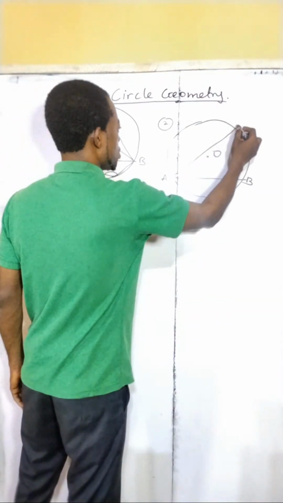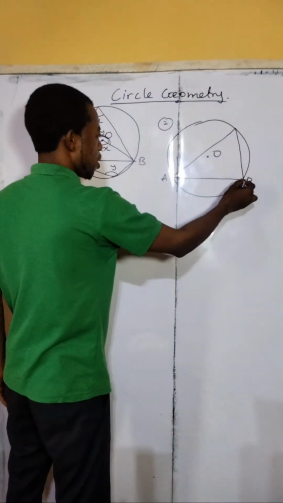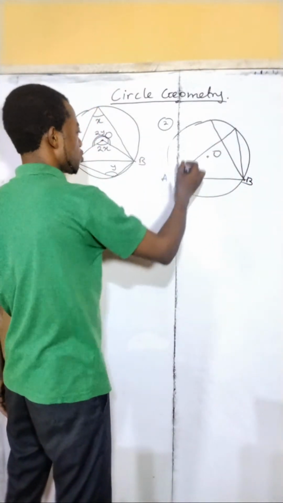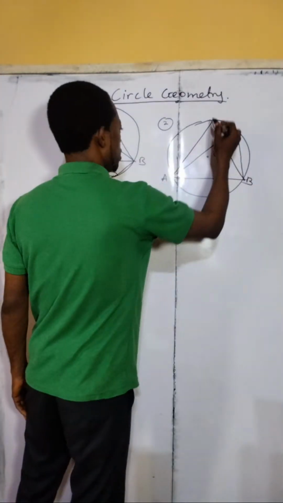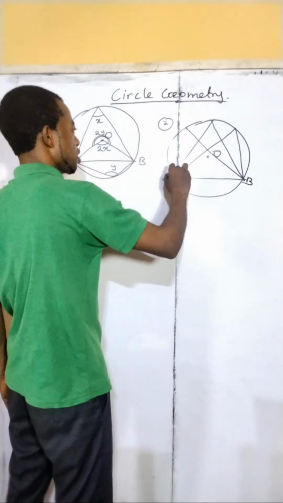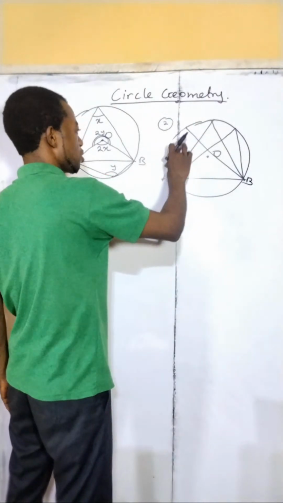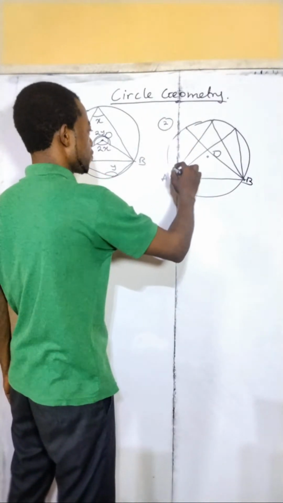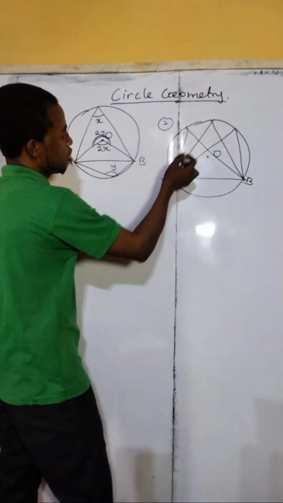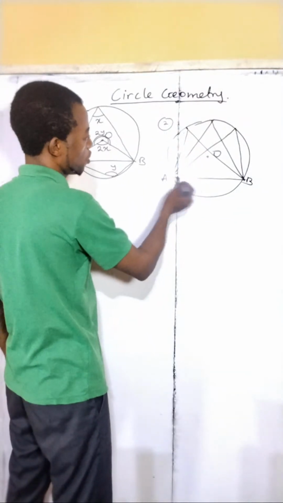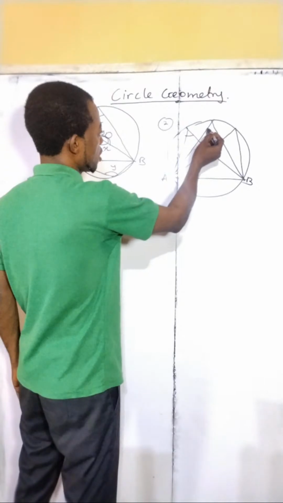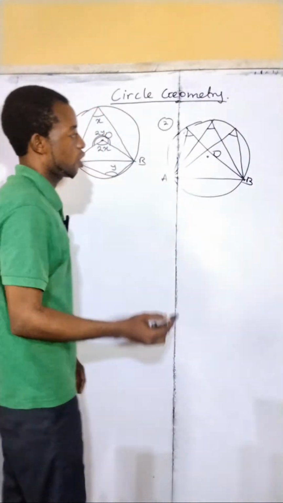Which means that if this angle is subtended by this chord, another angle subtended by this chord, then another angle here subtended by this chord, that is, we have three angles now formed by this chord AB in one segment. So all the angles in this segment are all equal.